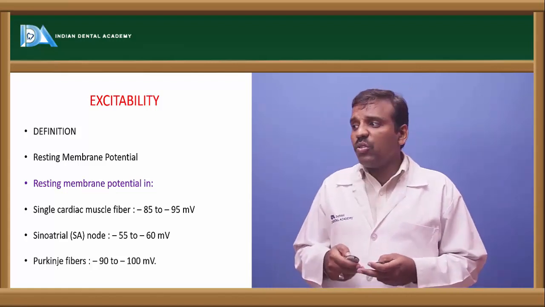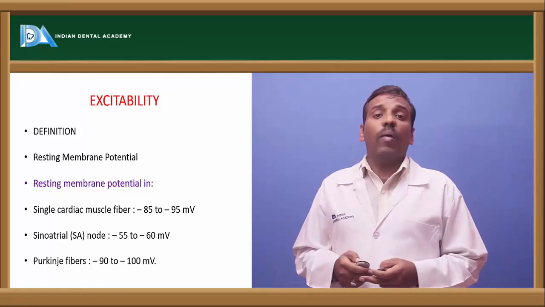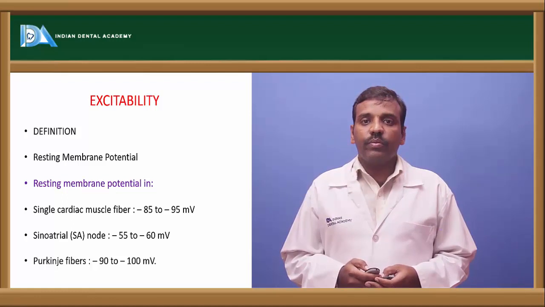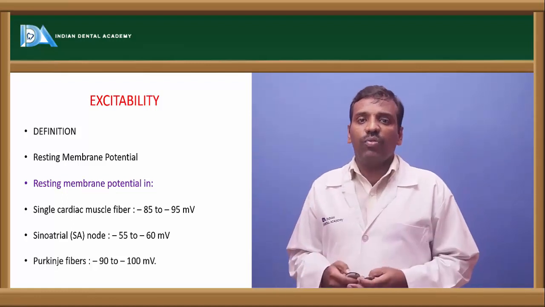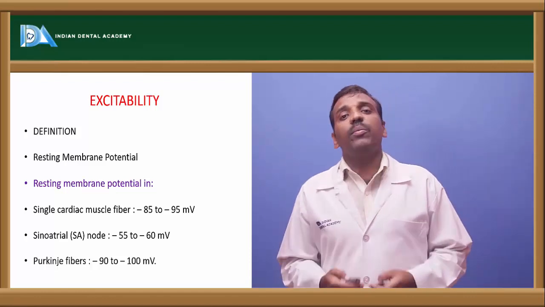If it is in case of the SA node, that is about minus 55 to minus 60 millivolts. And in case of the Purkinje fibers, that is about minus 90 to minus 100 millivolts.